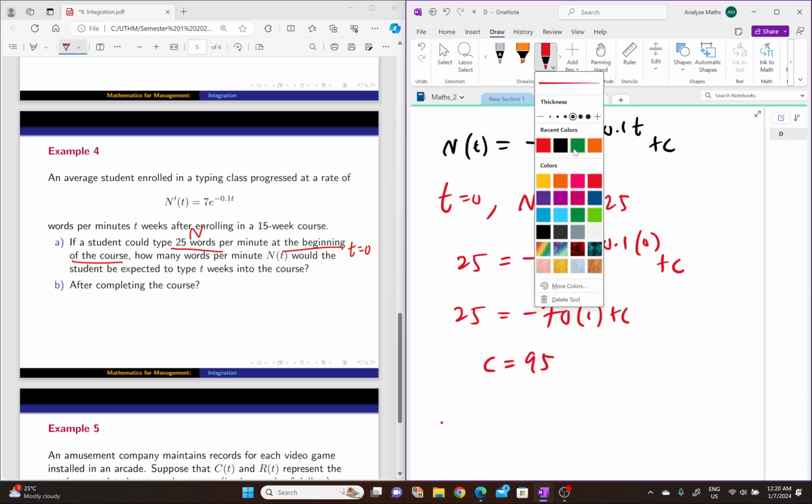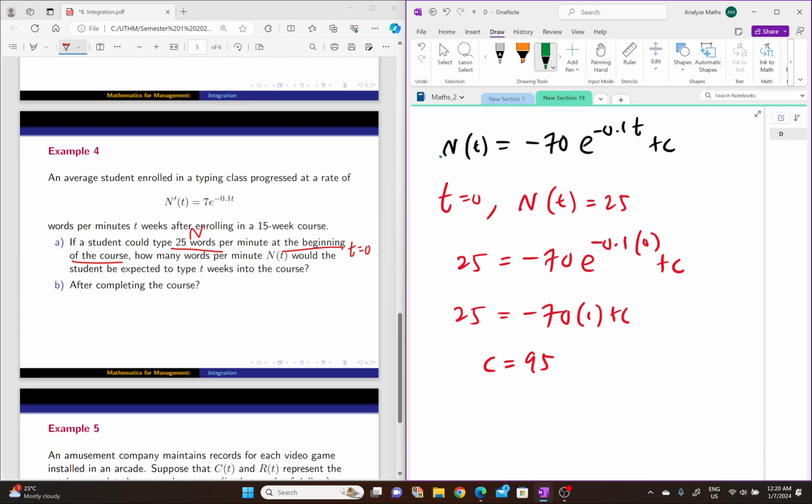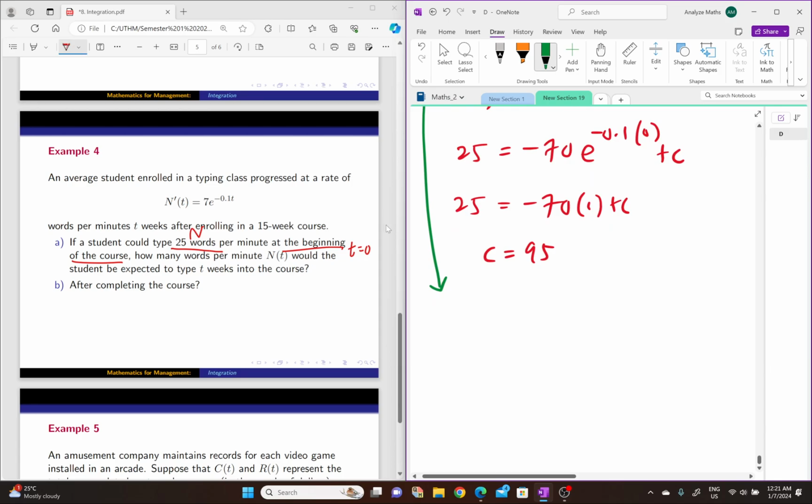So the answer is, you rewrite back this one. This is the function for number of words they can type in 1 minute after t weeks. After t weeks, maximum is 15 weeks only.